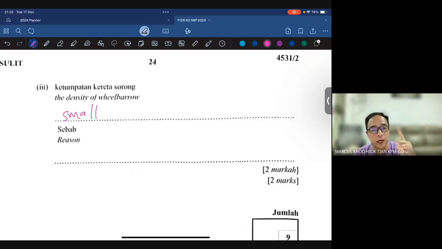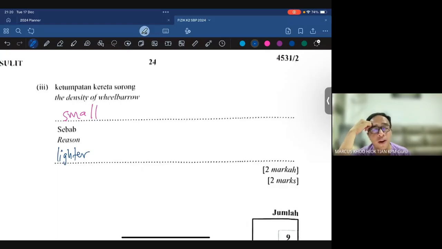Okay, why? So the standard answer, for small density, we always say so that whatever it is lighter. Okay, small density container, so that the container is lighter. Okay, and yes, I'm pretty sure that the answer for lighter is correct lah. Memang tidak salah. Okay, cuma saya khawatir because somebody told me once that I think lighter is like too simple of an answer.